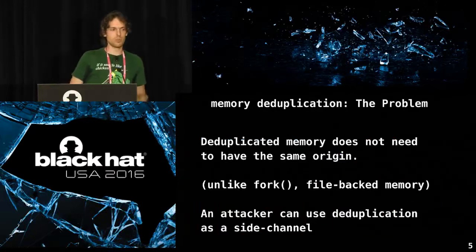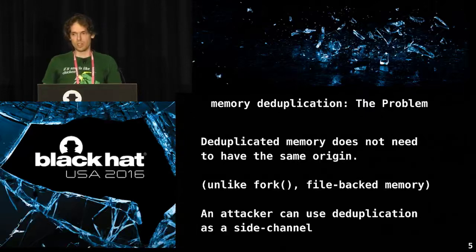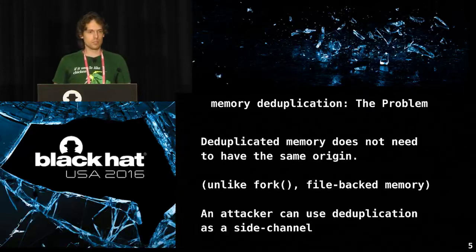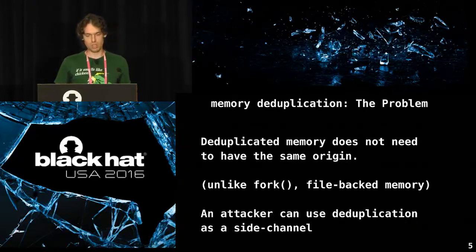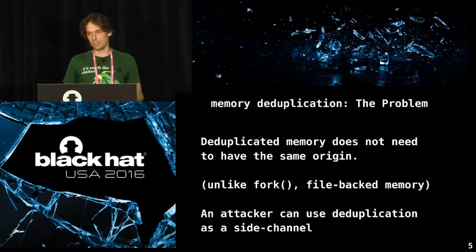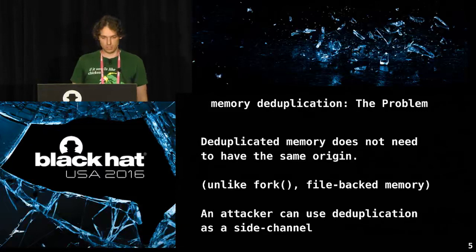The main problem with this is that, unlike other methods of reusing the same data in address space, like fork or file-backed memory maps, the deduplicated content doesn't have to have the same origin. And this opens the way for an attacker to use deduplication as a side channel attack.